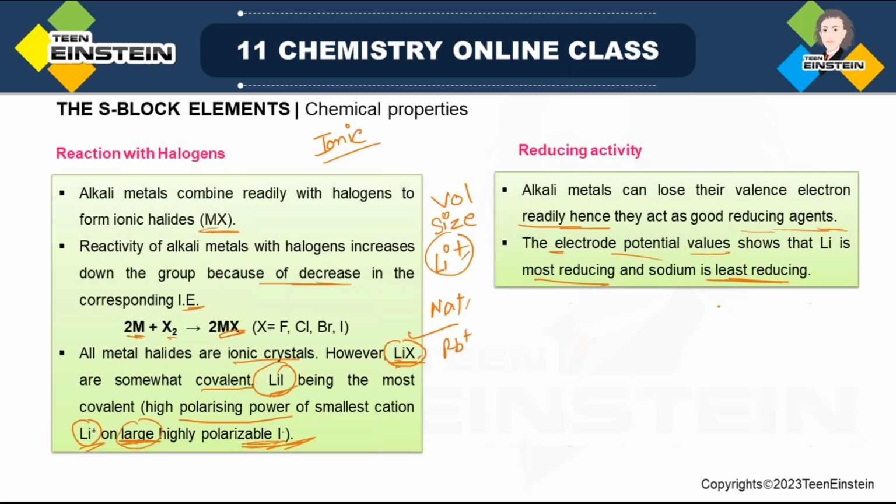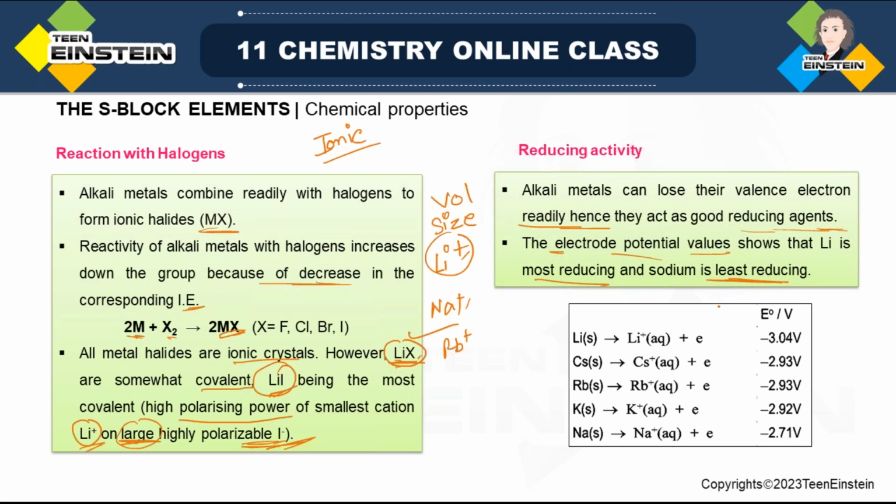But why? Look at these values. So for all these reactions, basically they are donating electron. If you look at the reduction potential values, in all cases it is negative. Now when it is negative, it means reducing character is good, and the more positive it becomes, reducing capacity is very less. Now which one is most negative?